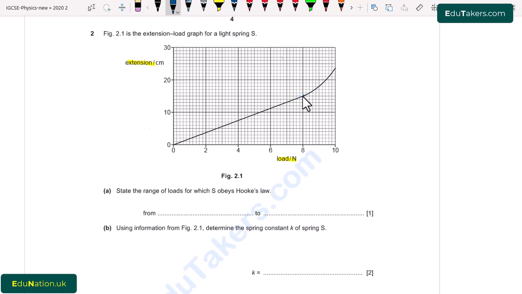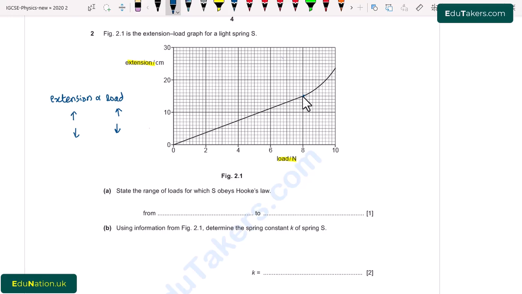Hooke's law states that extension is directly proportional to load, or load is directly proportional to extension. It means that if I increase the load, extension also increases. But if I decrease the load, extension also decreases.